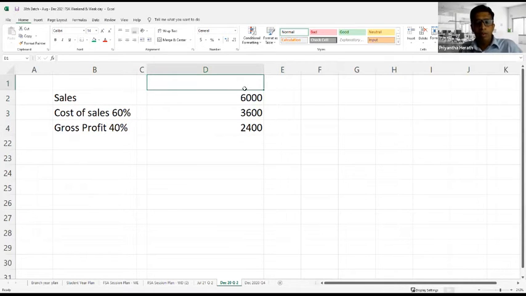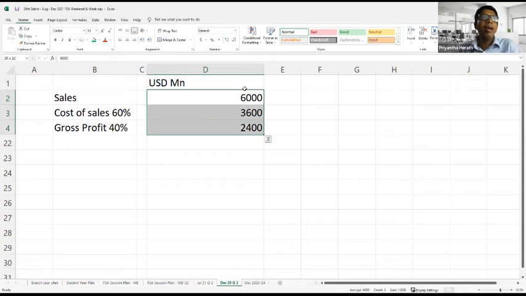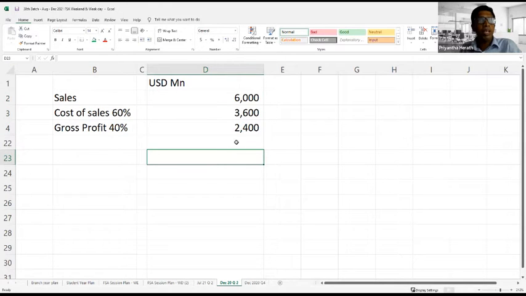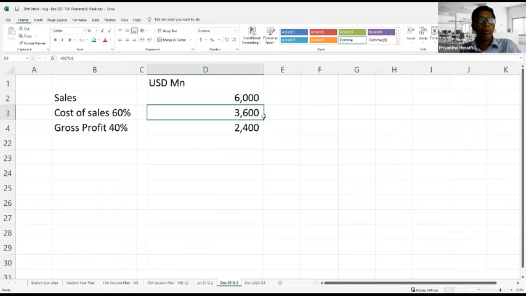These are in millions, USD millions. Sales 6,000 and GP 40% of sales, and the cost of sales 60%. So therefore, you can calculate the cost of sales value and GP, gross profit. Cost of sales 3,600, 60% of 6,000, and GP 40% of 6,000 sales.